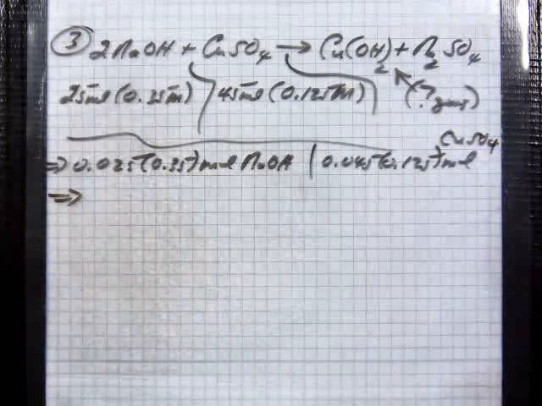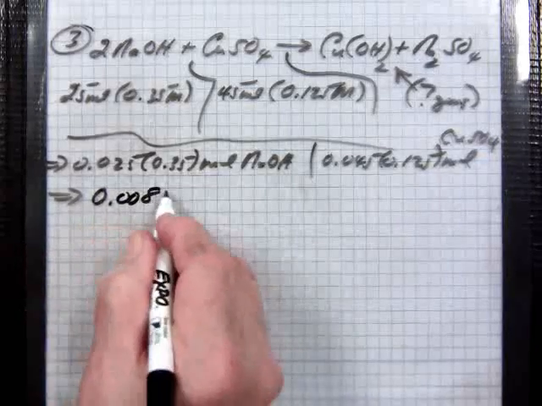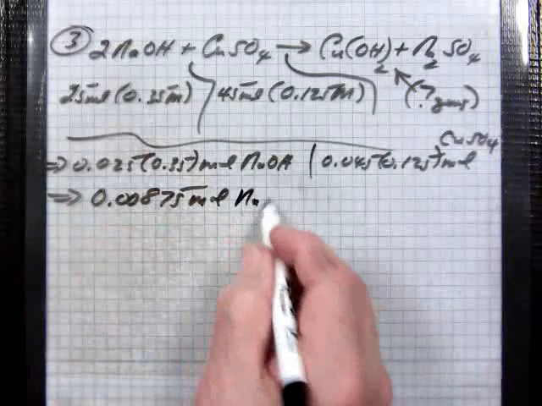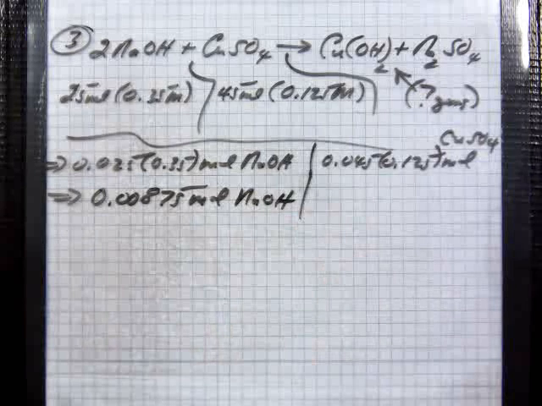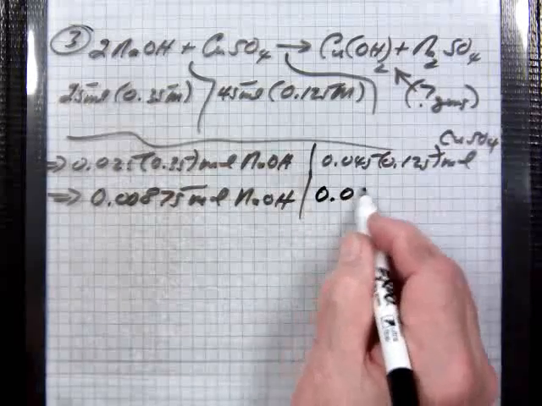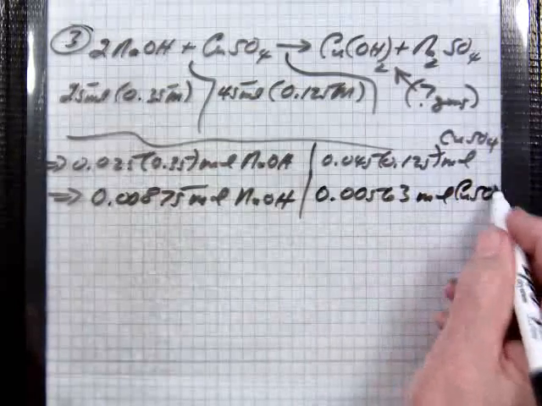So 0.025 times 0.35 gives us 0.00875 moles of the sodium hydroxide, and the other one is 0.045 times 0.125 equals 0.00563 mole of the copper sulfate right here.